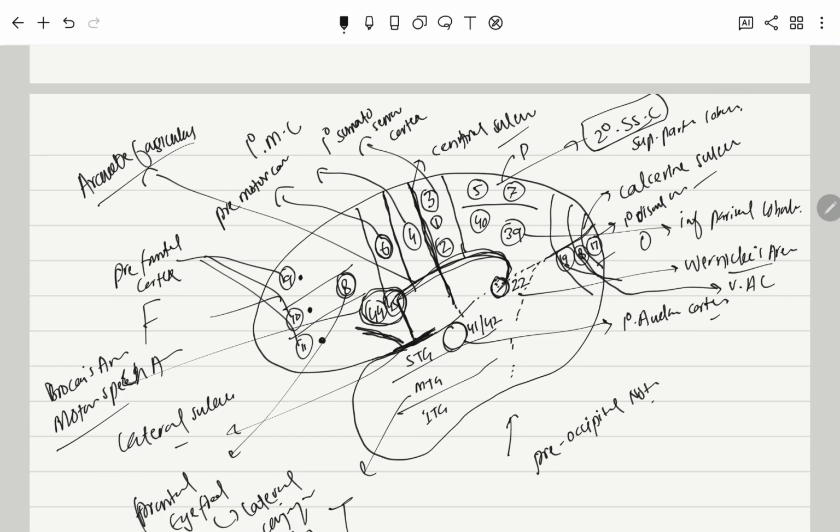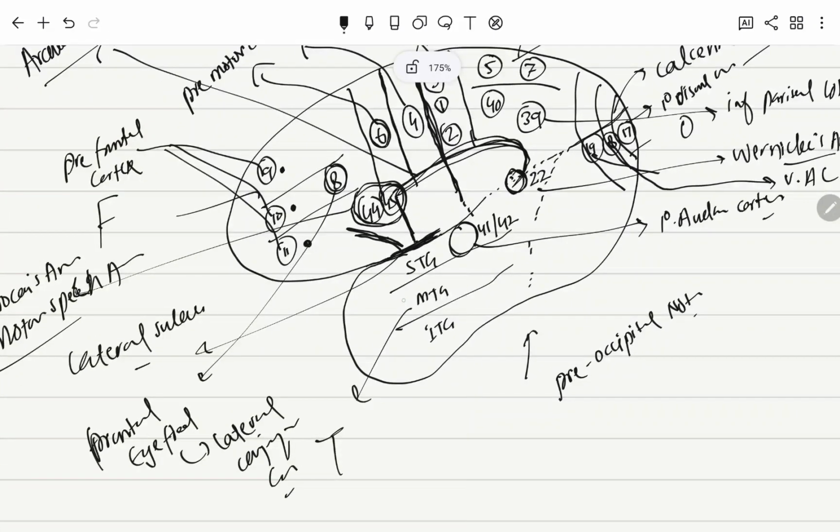On the temporal lobe we'll have this area on the medial aspect, called Brodmann area 35. This is the olfactory cortex.